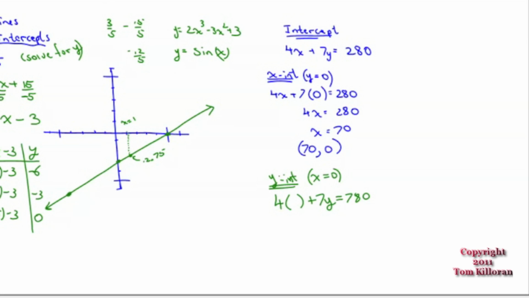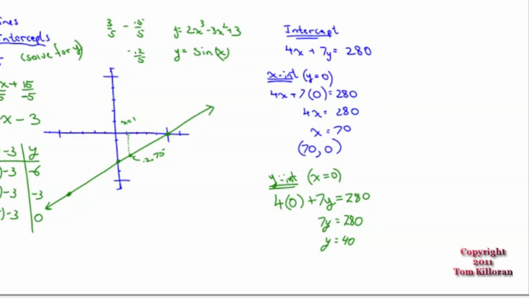What goes in the parentheses? 0, because we're killing the x. And then 4 times 0 is 0, 7y is 7y, and that's equal to 280. So 7 goes into 280 40 times. So we get y is equal to 40.